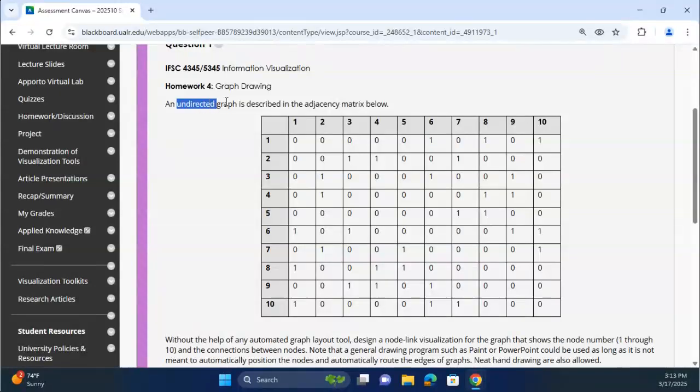It's like these two talk to each other. It doesn't mean that 1 goes to 6 or 6 to 1. However, because a matrix is square, 6 and 1 must be connected. If 1 and 6 are connected, 6 and 1 are connected as well. It's undirected, so there's no direction on this connection.